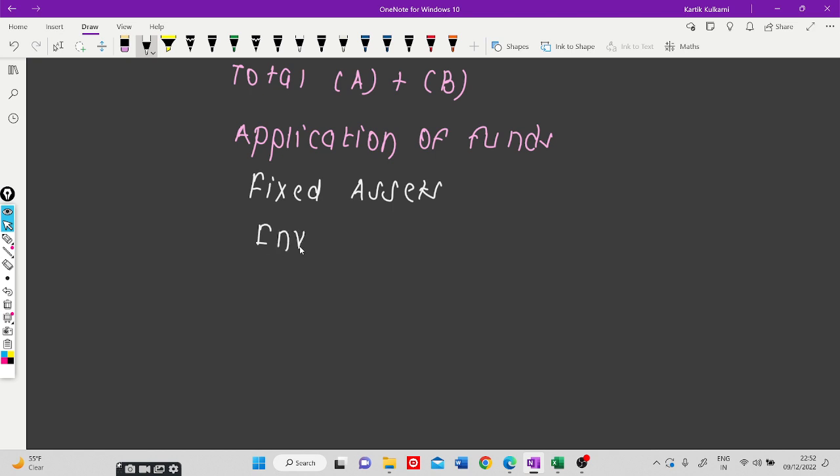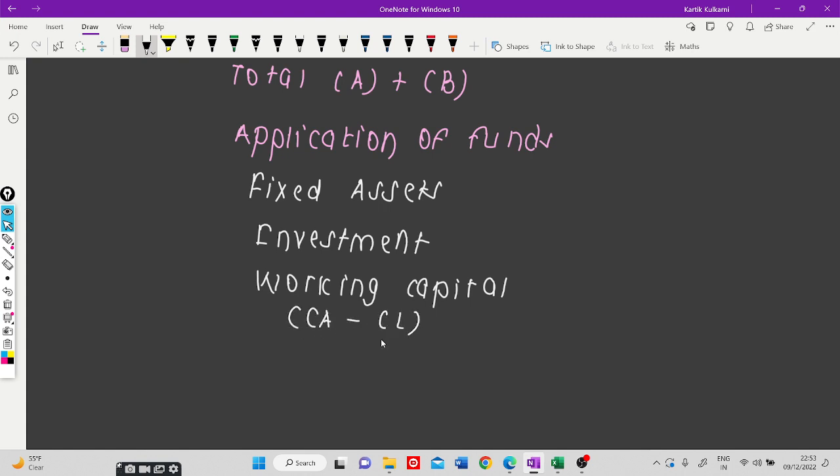Any investment made by the business will come after fixed assets, and then comes working capital, which is nothing but current assets minus current liabilities.